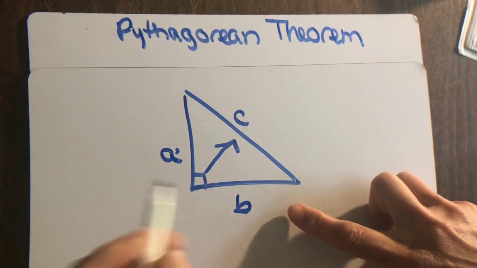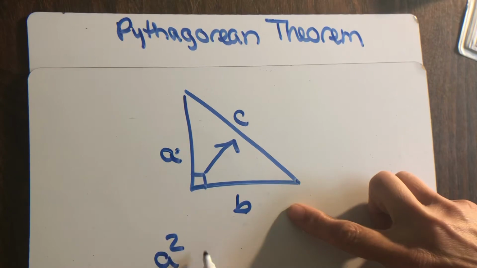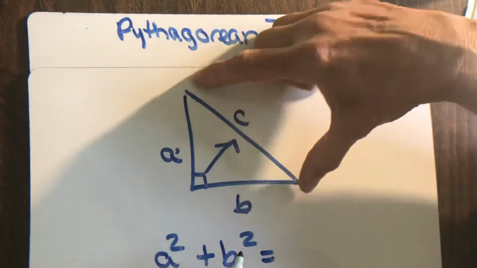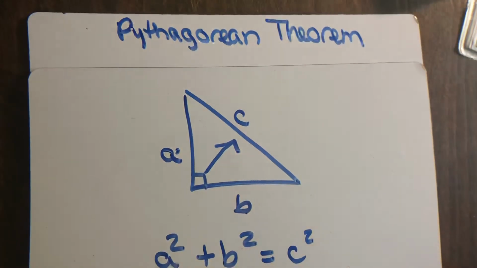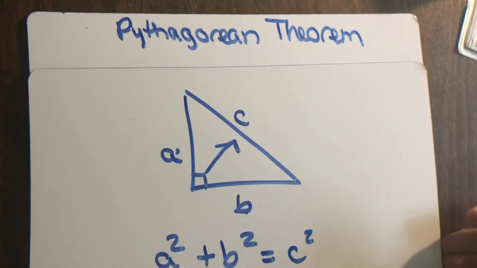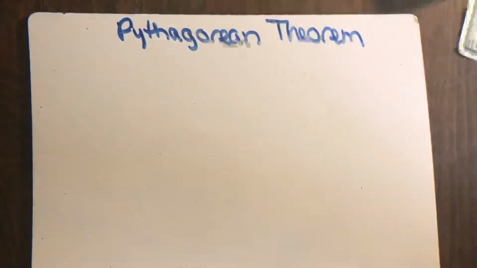So when you square each of those sides and add them together, it will equal the length of this side squared. That's what he came up with all by his little lonesome, and we're still using it today.